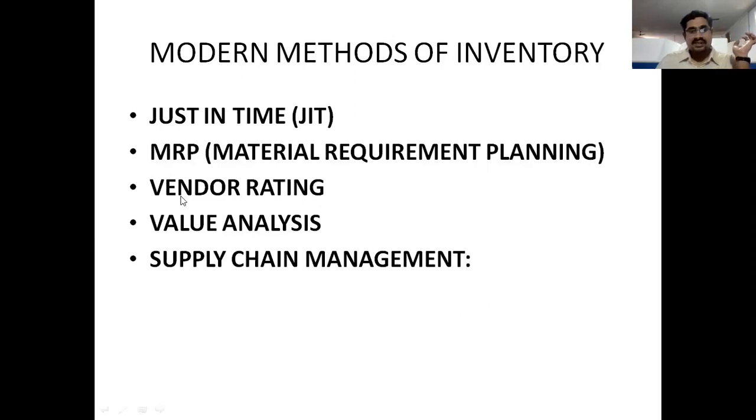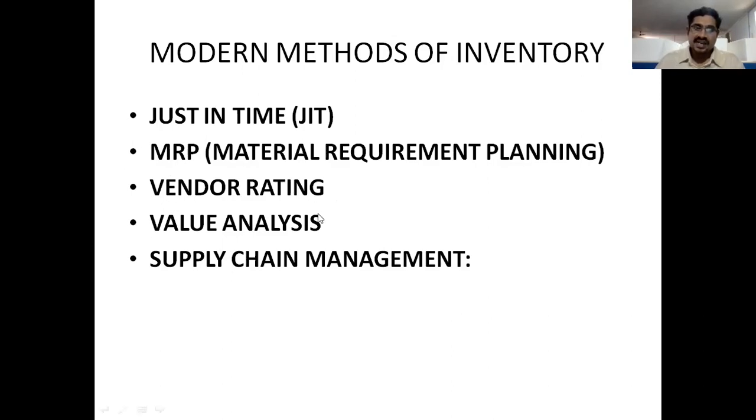And coming to the next, third thing: vendor rating. It is a very, very important thing, and it can come as a short answer question also. Vendor means the supplier. Simply, a supplier is called a vendor.